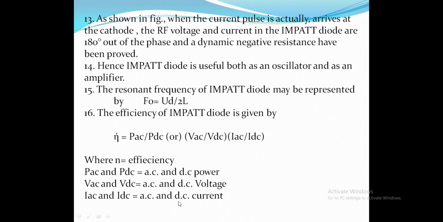Coming to the disadvantages of this diode, it is very noisy because avalanche is a noisy process, and the tuning rate is not as good as in Gunn diodes and amplifiers.